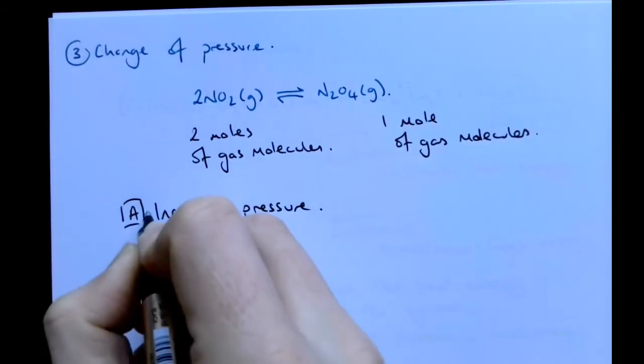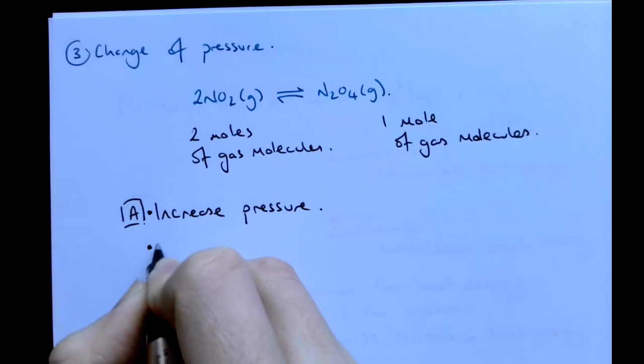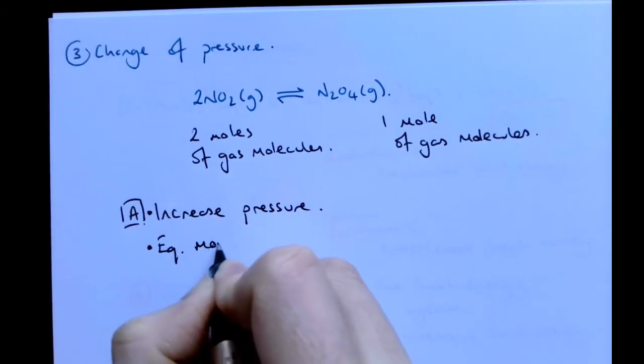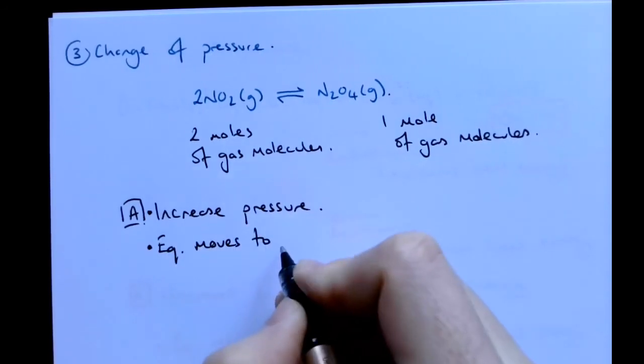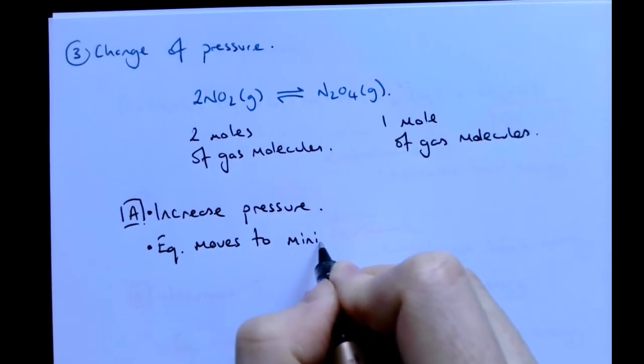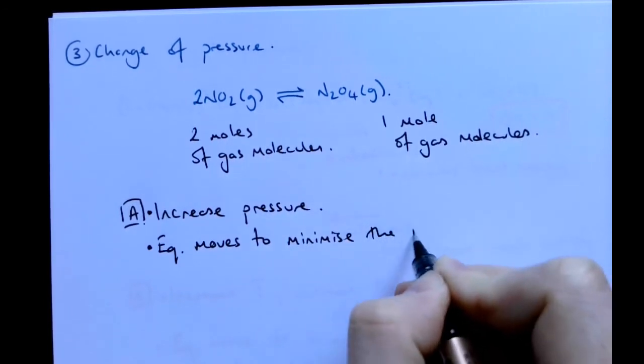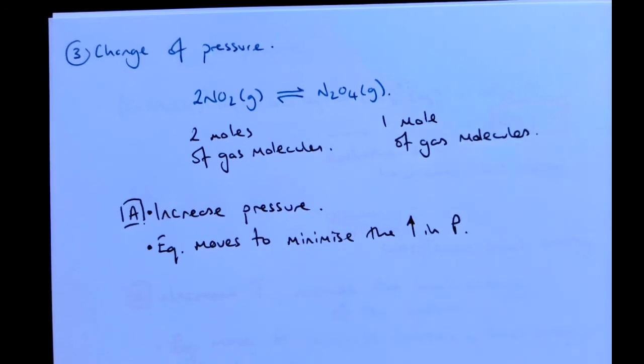Now if I increase the pressure, the equilibrium moves to minimize the increase in pressure. Okay, so how can it do that?